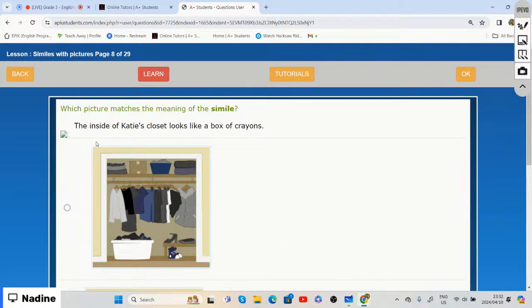So it says here that the inside of Kathy's closet looks like a box of crayons. And I must know a box of crayons has got lots of variety of colors, right?